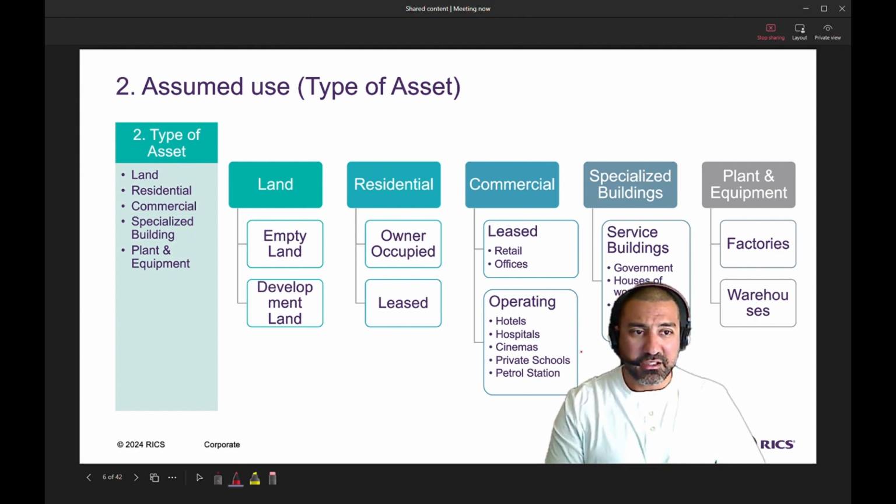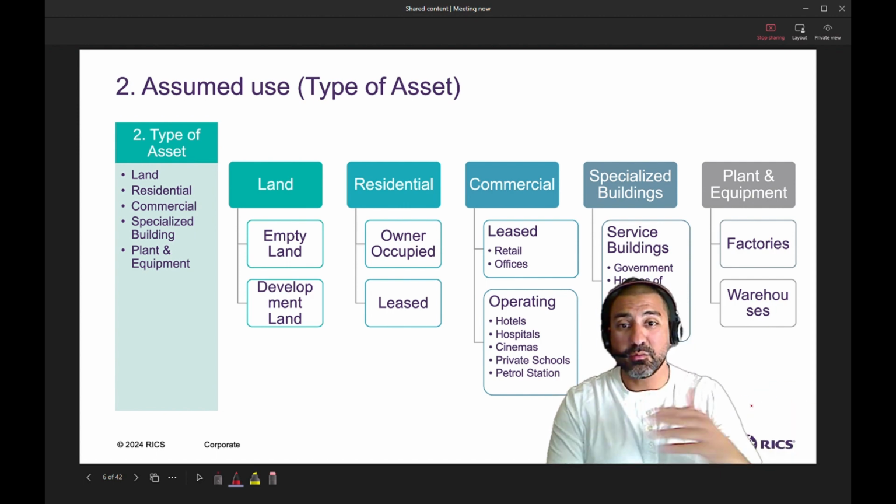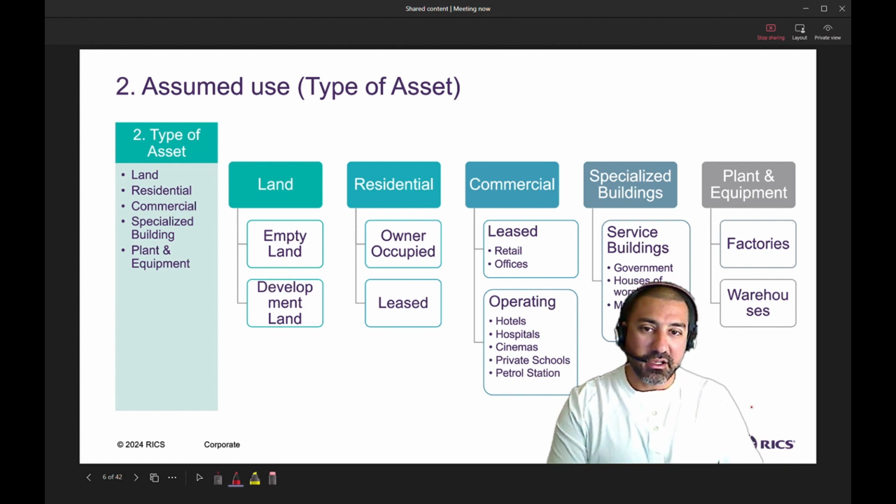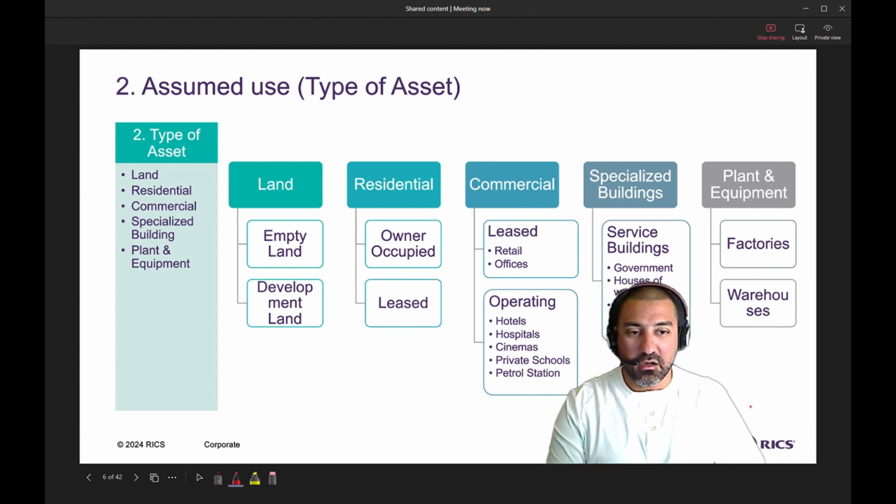Same thing with plant and equipment. Plant and equipment is IVS 300. Obviously, land, residential, commercial, and specialized buildings are IVS 400 and 410. Therefore, it's the same principles, same approaches, same methods, but the applications differ. So if you get plant and equipment, the way you apply the DRC, depreciated replacement cost method, or the income approach to the market is completely different from the way you apply it under IVS 400 and 410, which are the other asset classes.